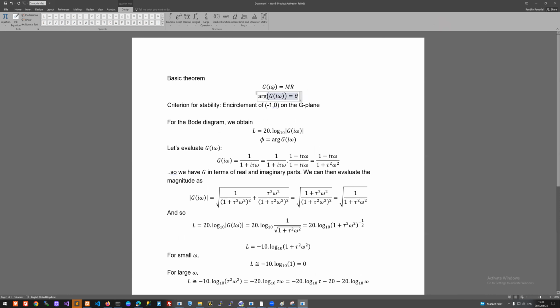So we have this relationship. This tells us that if we just pulse in some sine waves and measure the magnitude ratio and the phase angle, then that will give us G of I omega. So we know we can get this at least.